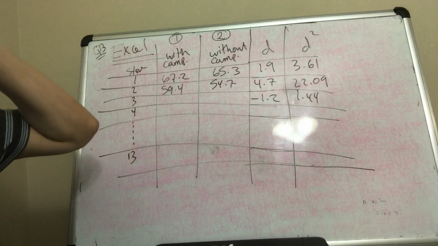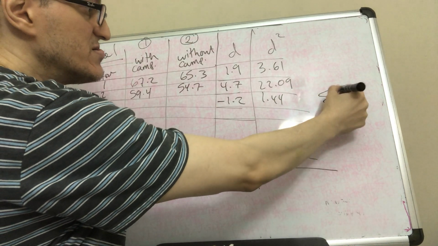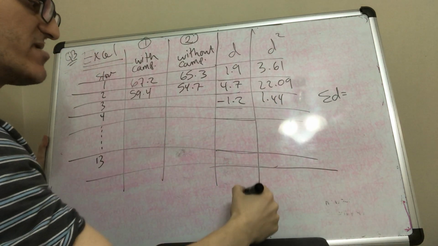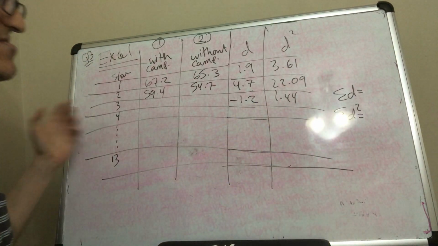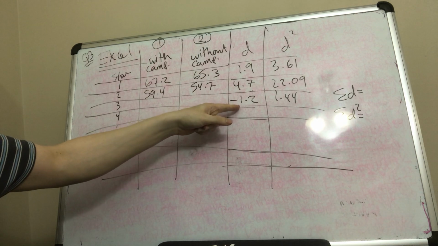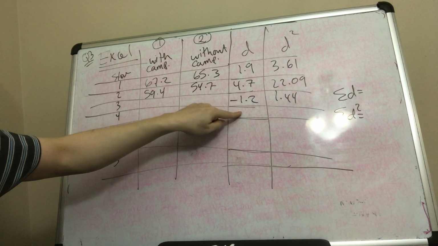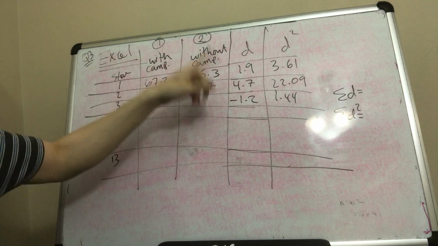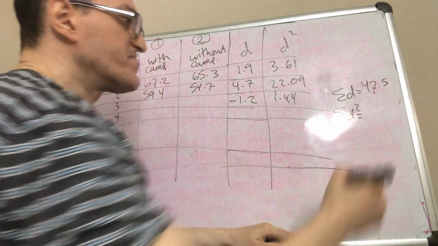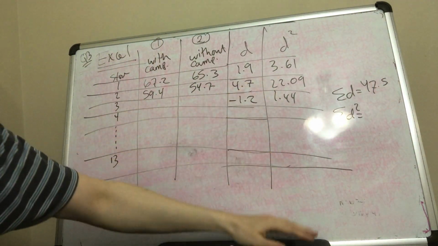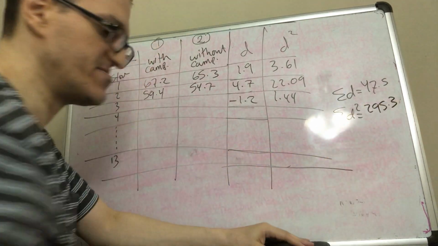Once you do this for all 13 of them, you need to find the sum of this column and the sum of this column. Make sure that when you add the numbers, leave the negative number as negative, so it would be this plus this minus this plus this, whatever. So you add the D, they add to 47.5, and this column, when you add it, it will add to 295.3.